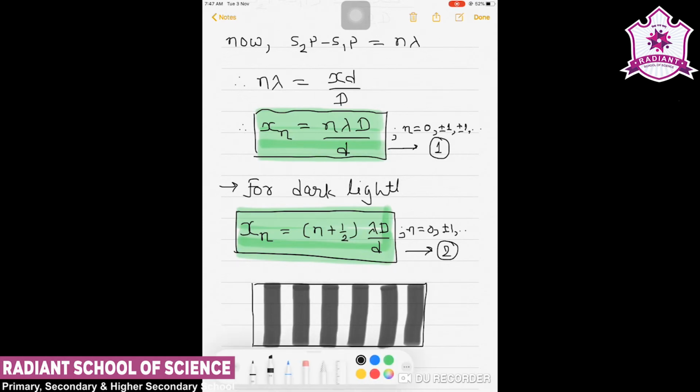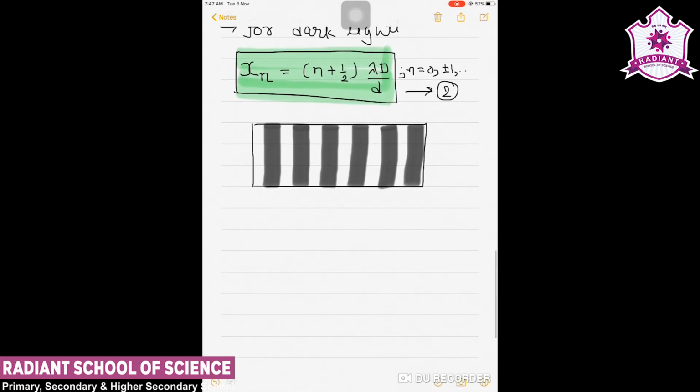Equations 1 and 2 show that dark and bright fringes are equally spaced, and the distance between two consecutive bright fringes or dark fringes is given by the fringe width, B, where consecutive means two sequential ones. That is obtained as lambda D over d.